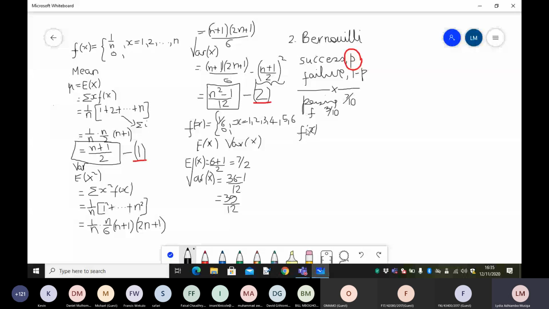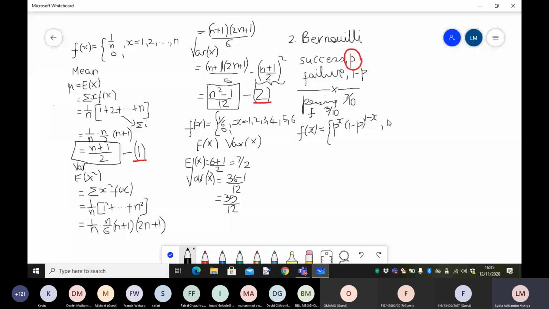f of x is equal to p raised to x, times (1 minus p) raised to 1 minus x.